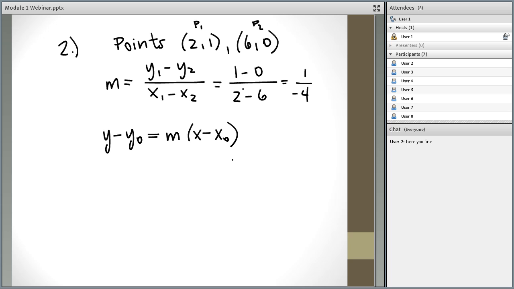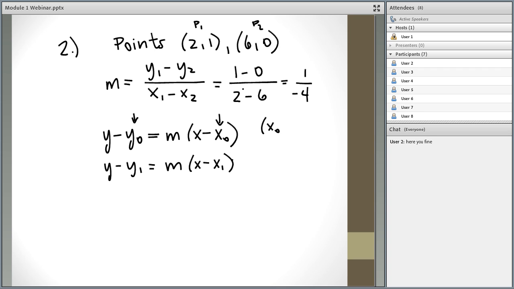So you could see it this way, y minus y naught equals m times x minus x naught. You could also see it, again, every textbook is a little bit different. You might also see it written this way. The only difference is it's just a notation. All that this is, this is the x value of the point and this is the y value of the point.